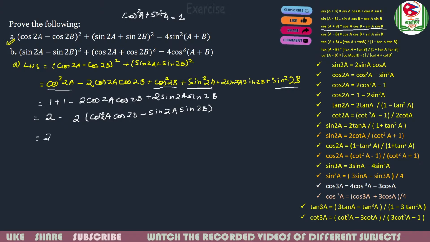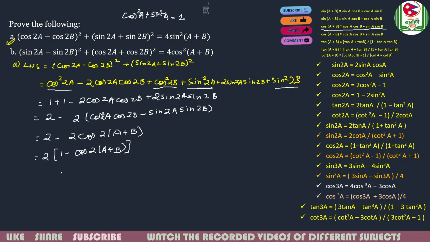So we write 2 into minus cos 2 into (a plus b), and taking common 2, we get 2 into (1 minus cos 2(a plus b)).